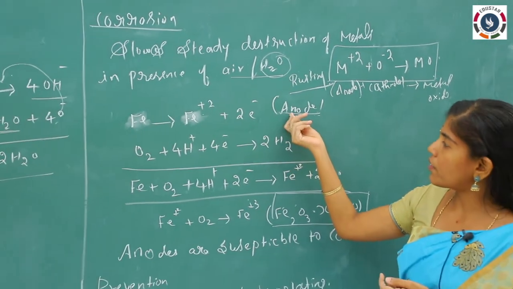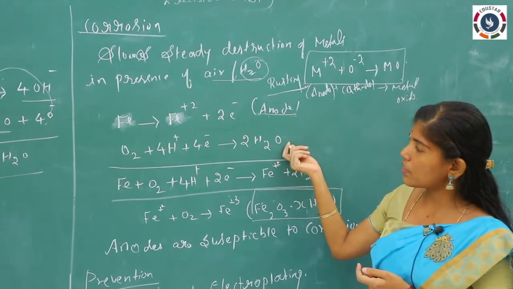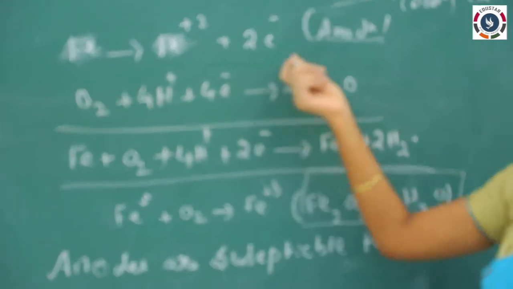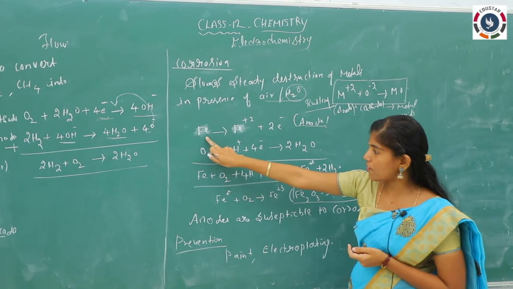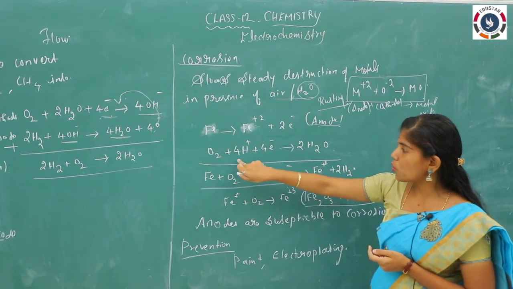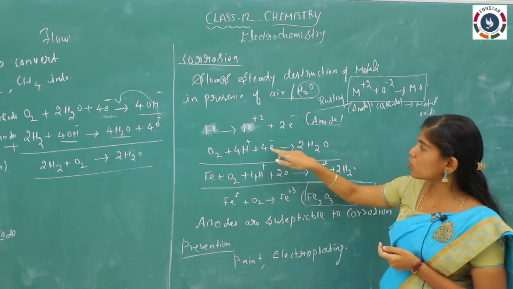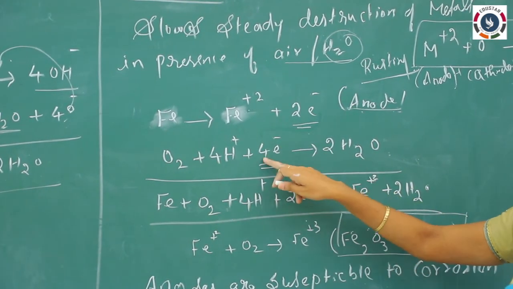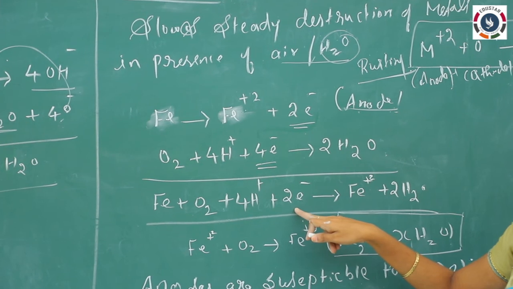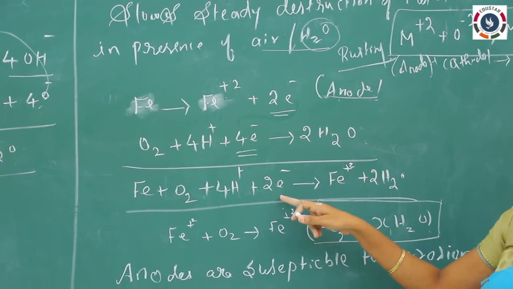Okay. Now, I have written an anode equation and a cathode equation. I am going to add these 2 reactions to get my overall reaction: Fe plus O2 plus 4H plus and 2 electrons, because here there are 2 electrons and here there are 4 electrons. So, 2 electrons will be cancelled and the remaining 2 electrons I am writing on the reactant side itself.